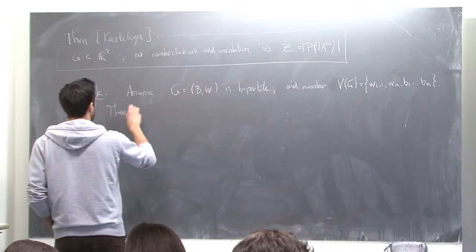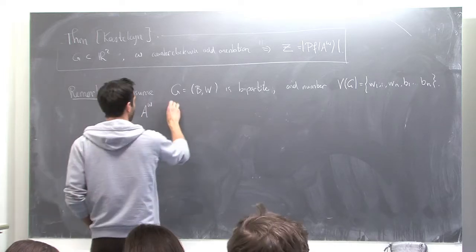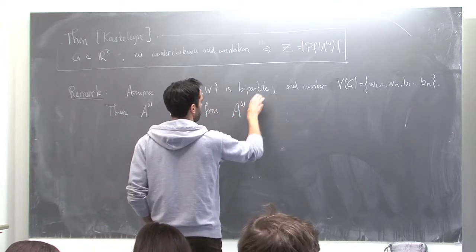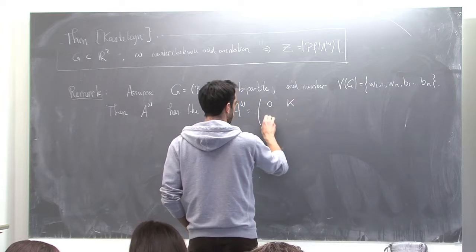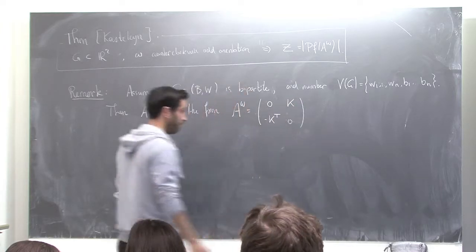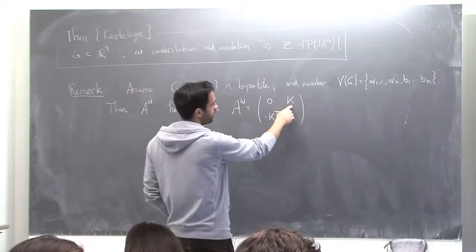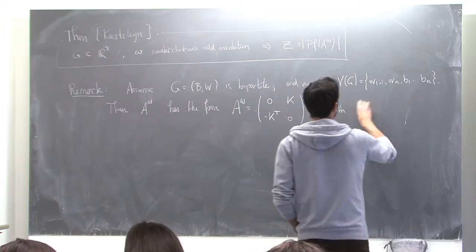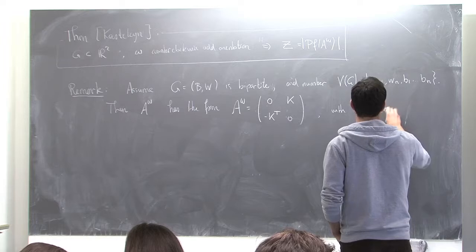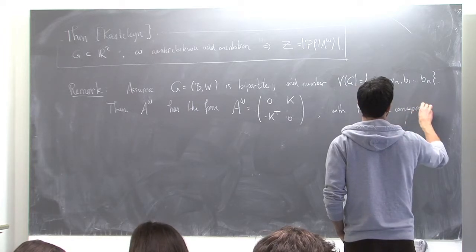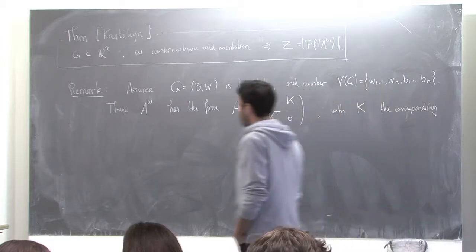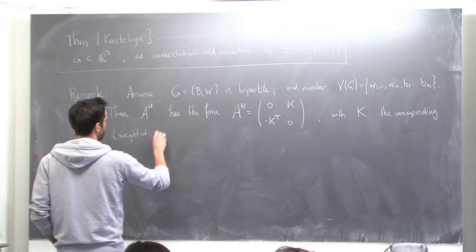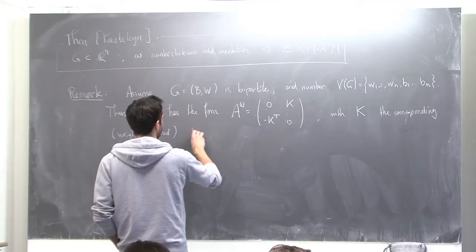Then this matrix has the following form, where K is the corresponding bi-adjacency matrix. It's a weighted, signed bi-adjacency matrix.